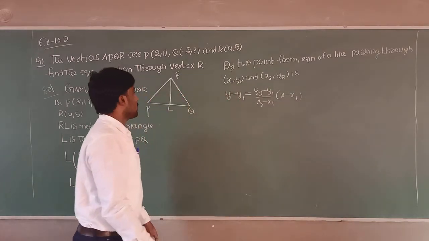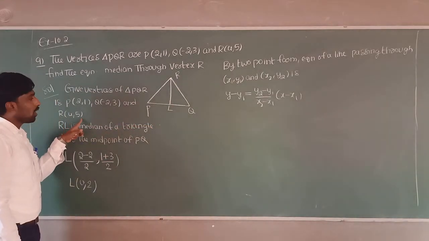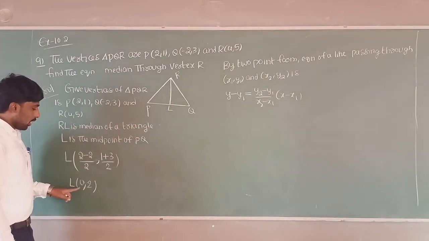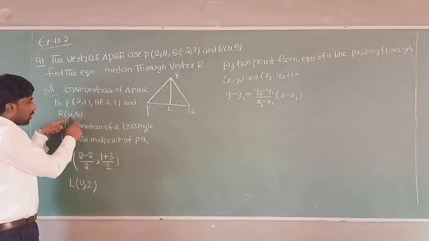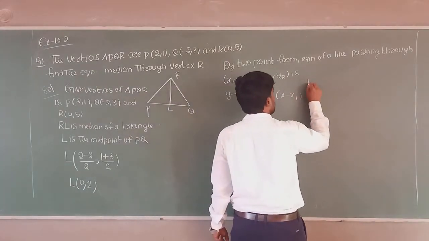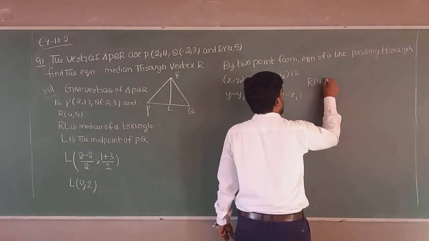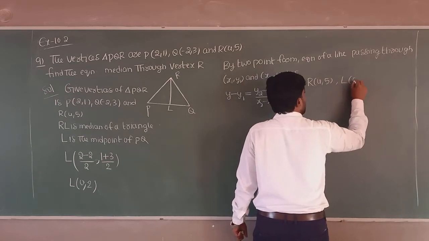So what are the points here? R point is 4, 5 and L point is 0, 2. If I take this one as x1, y1 and this one as x2, y2, for understanding purposes you have to write R point is 4, 5, L point is 0, 2.